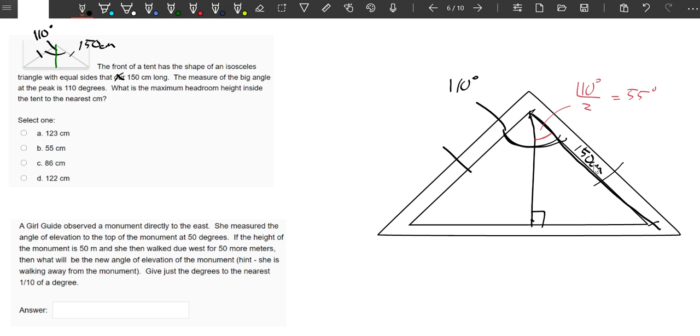So I know this angle is 55, I know this side is 150, and I'm looking for the height. So for this angle, this side here is my hypotenuse, and this side here is my adjacent. The height will be my adjacent, and I'm solving for that.